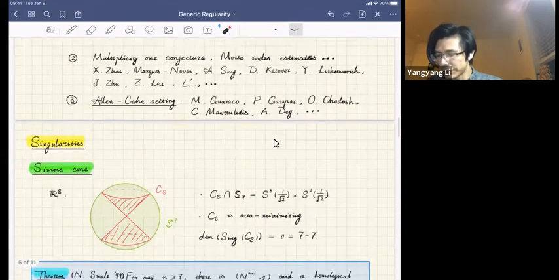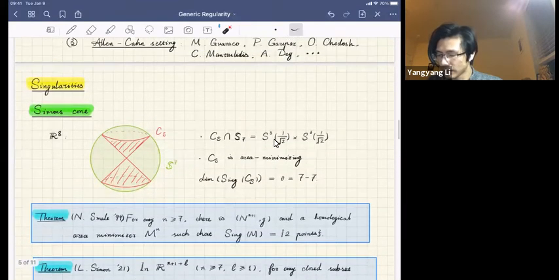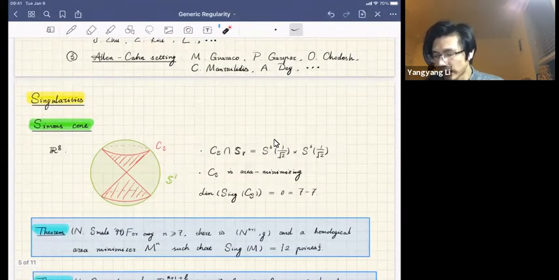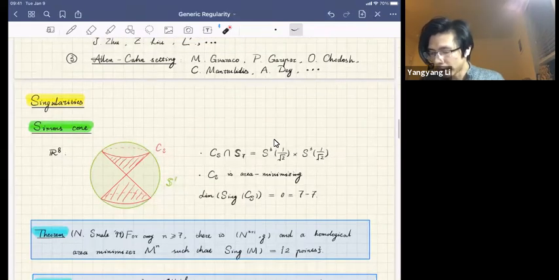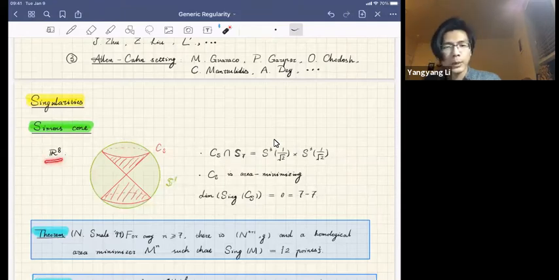Now let's move to the singularities. A famous example was found by James Simons. It is the Simons cone. This is a cone in the 8-dimensional Euclidean space, denoted by C_S here, whose section C_S intersect S^7 is S^3 cross S^3.